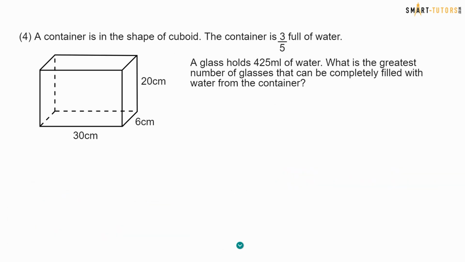A container is in the shape of a cuboid. The container is 3/5 full of water. A glass holds 425 milliliters of water. What is the greatest number of glasses that can be completely filled with water from the container? The water is not fully filling this cuboid, only 3/5 is filled.